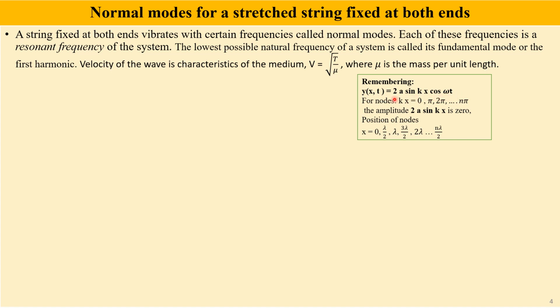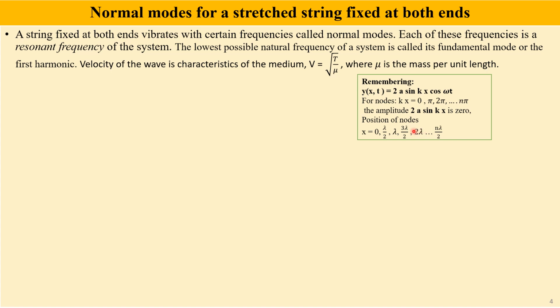So for nodes, the amplitude is 0. For all values of kx equal to 0, pi and 2 pi, the amplitude is 0. Hence, the position of nodes where the amplitude is 0 is given by x is equal to 0, lambda by 2, lambda, 3 lambda by 2, 2 lambda, etc.